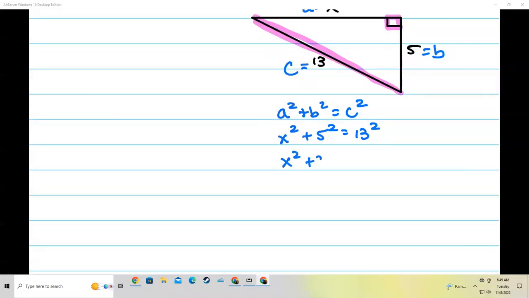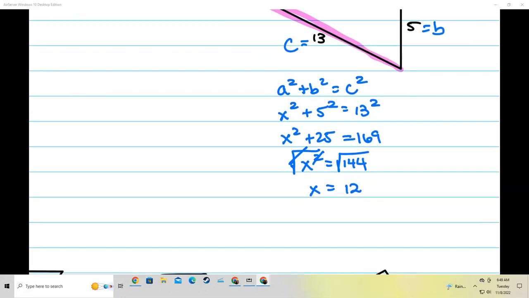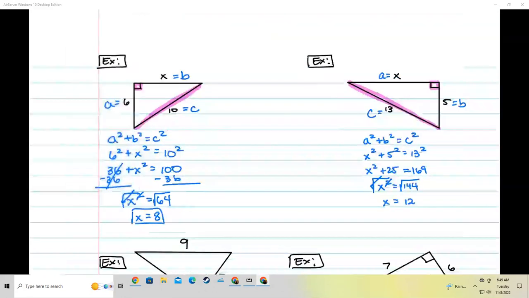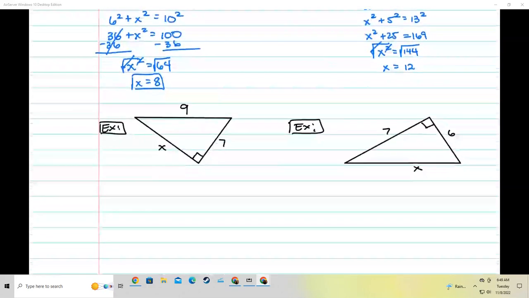X squared plus 25 is equal to 169. Subtract 25 on each side, I get X squared is equal to 144. Take the square root of both sides, because that's how you get rid of a squared. You get X equals 12. Thankfully, there's no approximation or anything like that. You just go ahead and plug it in.